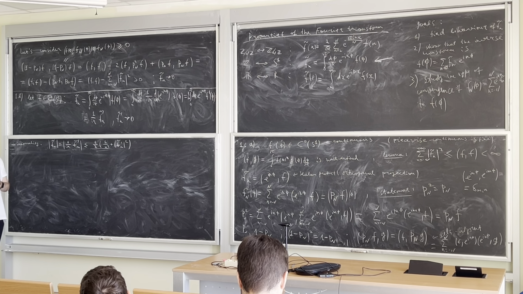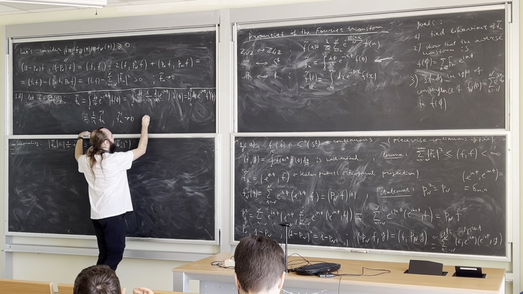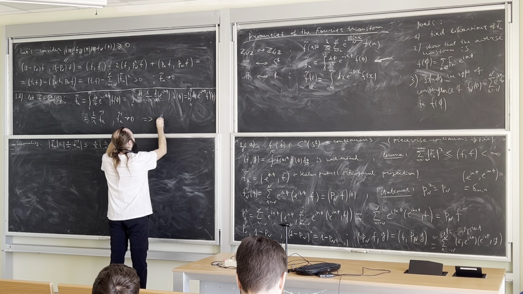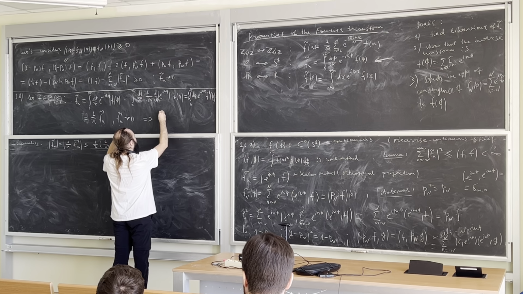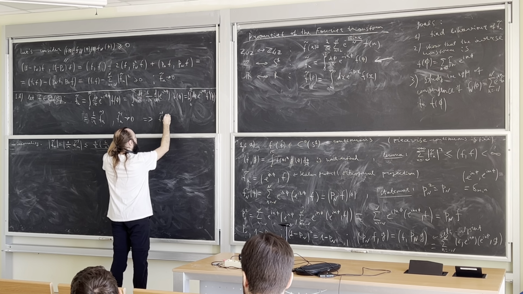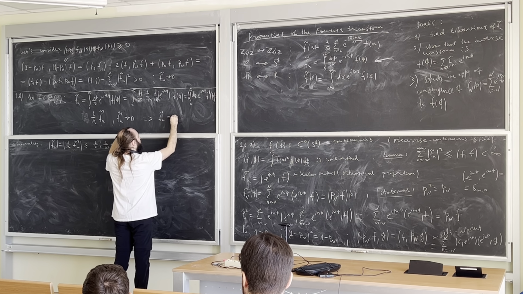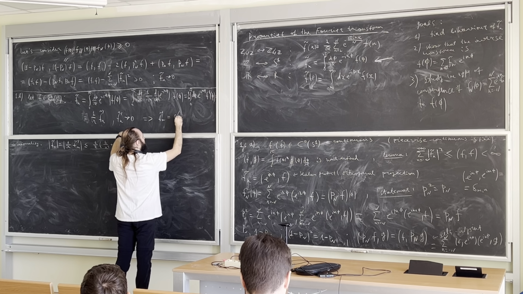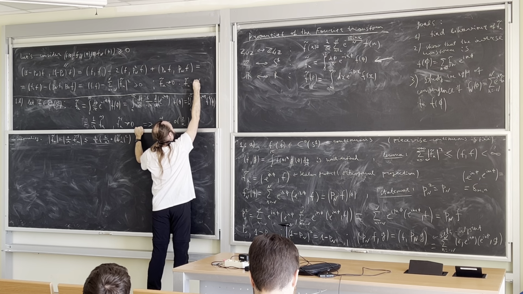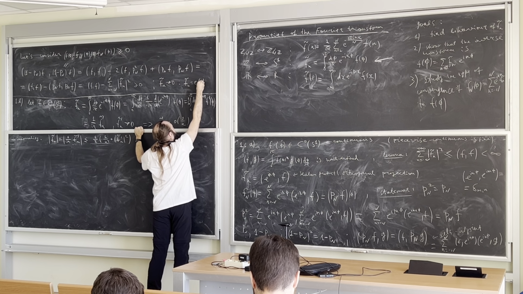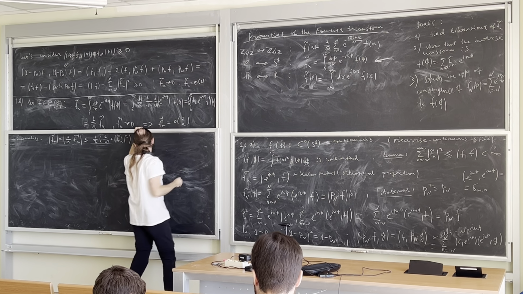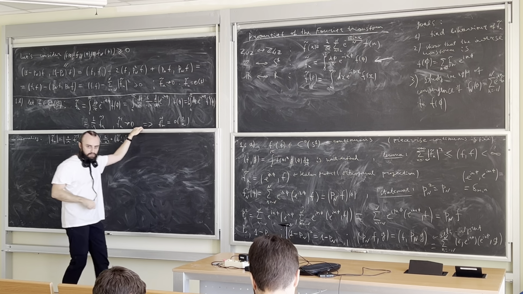So we can say that fn tilde is little o of 1 over n. So here we could write that fn tilde was little o of 1. Right?